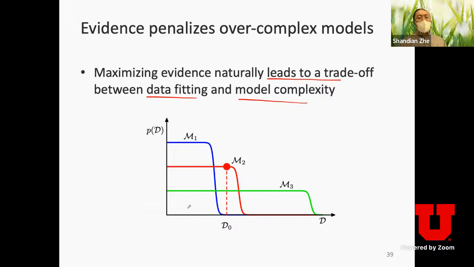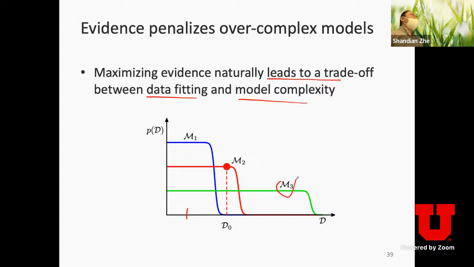When the size of your data is small, you might favor a simpler model, right? Not a complicated model, because with a very complicated model you get a larger penalty on the complexity. But when you have very large data, you might prefer a more complicated model, like if you have 1 billion images, you might want to train a 250-layer ResNet on that.